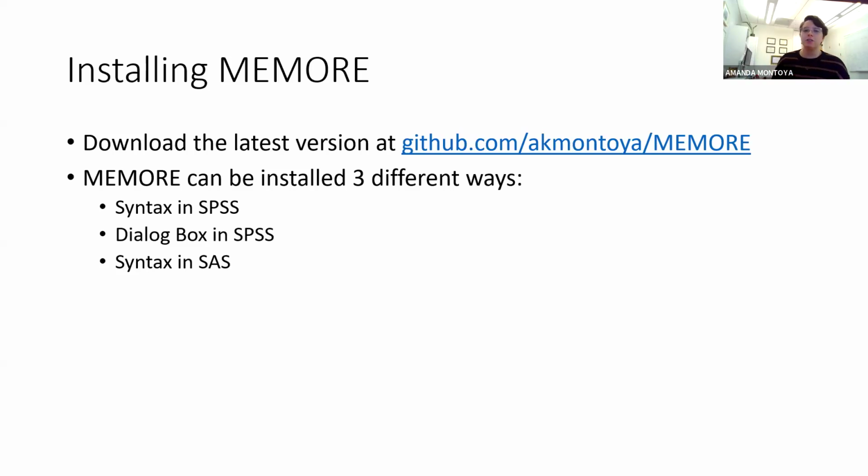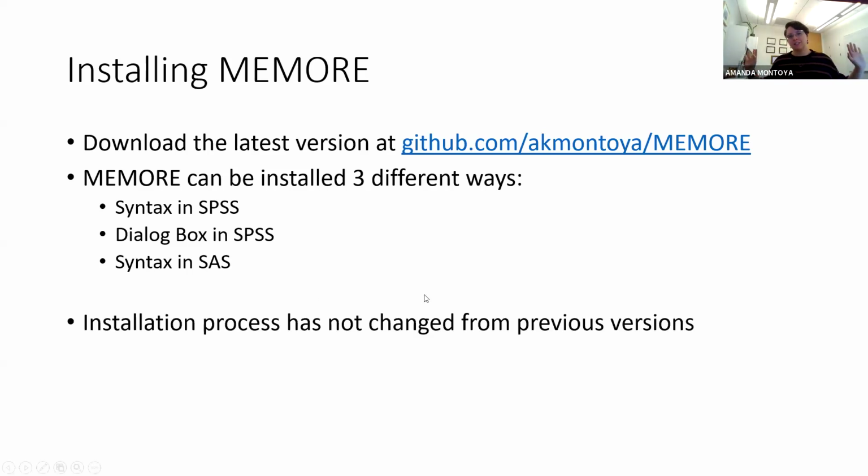So if you're using a university computer and your account doesn't have administrative access, you might need to use a syntax version or ask an administrator to help you get this installed. The nice thing with the dialog box is you only have to do it once, so you don't have to bother your university admin every time you try to install it. That would be a bit of a headache.